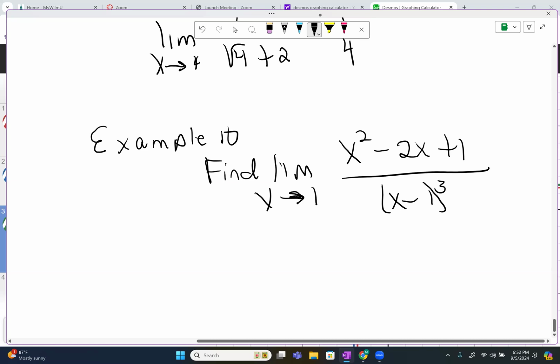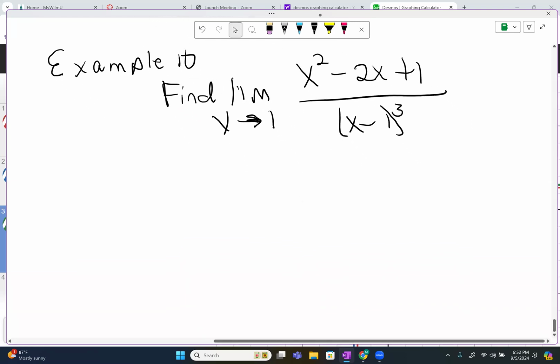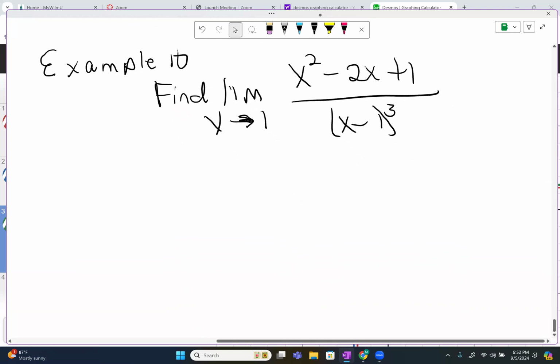So we're going to start with this. This becomes x minus 1 squared. This is x minus 1 cubed. So this becomes 1 over x minus 1.